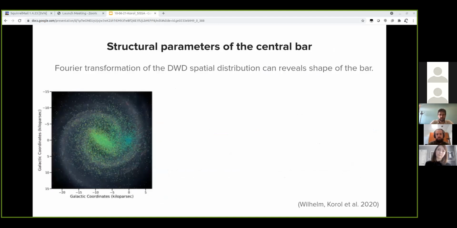Now, coming back to the simulation that I showed you before, here we want to reconstruct the shape of the Milky Way bar using LISA detections. And we want to do this by studying the Fourier transformation of the density of the green points on this map.